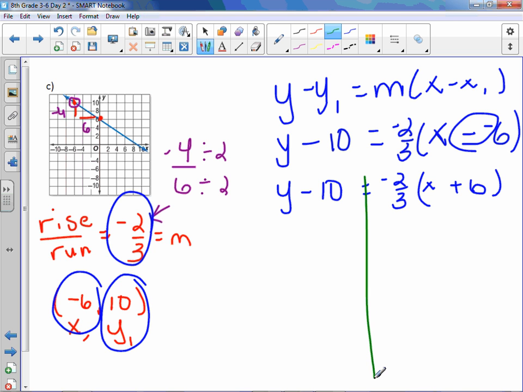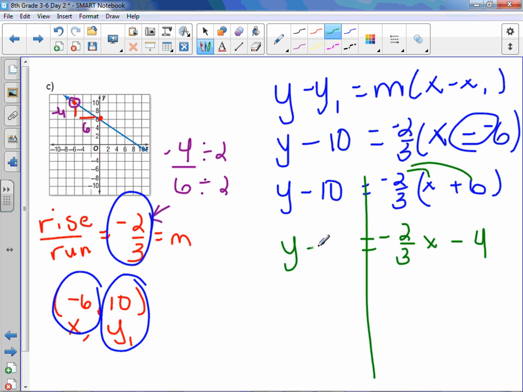Now we want to get y by itself. So the first thing we're going to do is distribute that, same as usual. Negative 2/3 x. Now this time it's not 0, so it doesn't cancel out, but that's okay. We can still make it work. We have negative 2/3 times positive 6, so I know it's going to be negative. Negative 12 over 3, which reduces to negative 4.